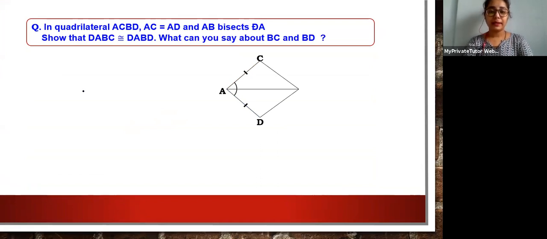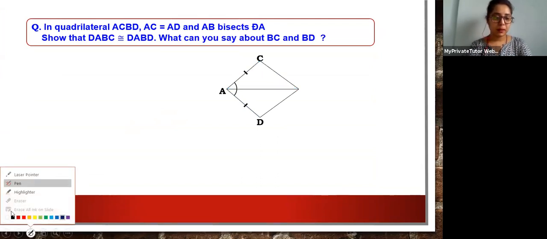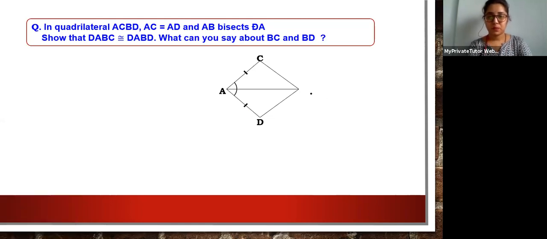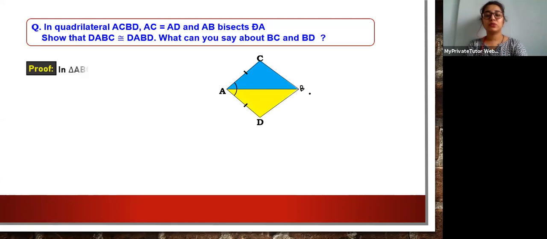And AB bisects angle DAB. So this is B. So AB bisects angle A. Show that triangle ABC is congruent to triangle ABD.